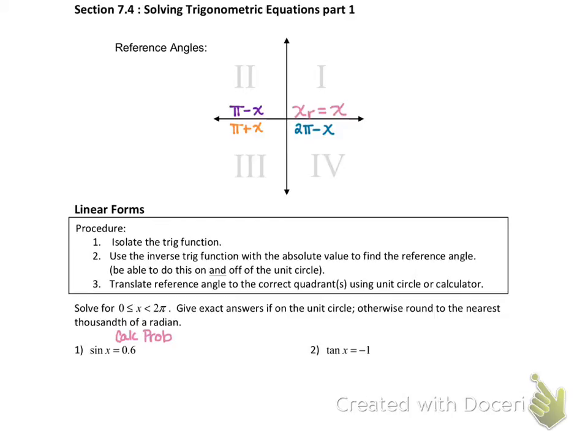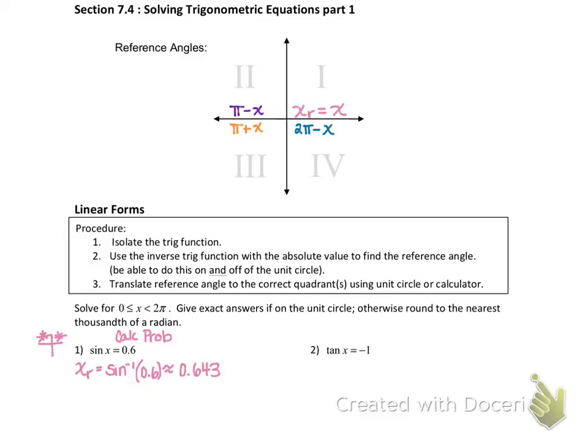So we begin this process by saying, okay, well, 0.6 is positive, so where is sine positive? In quadrants 1 and 2. So we are going to find our reference angle by taking the inverse sine to find the angle x. And when we do this, we get about 0.643.